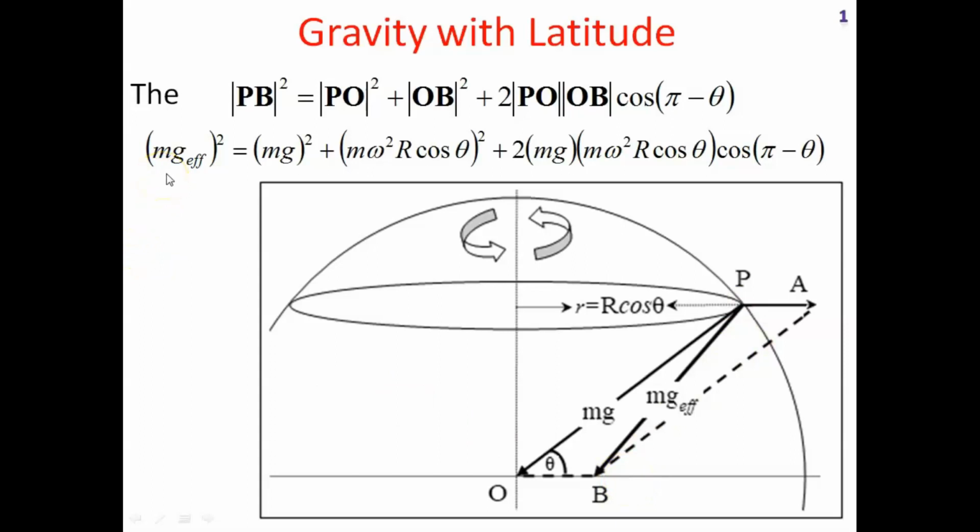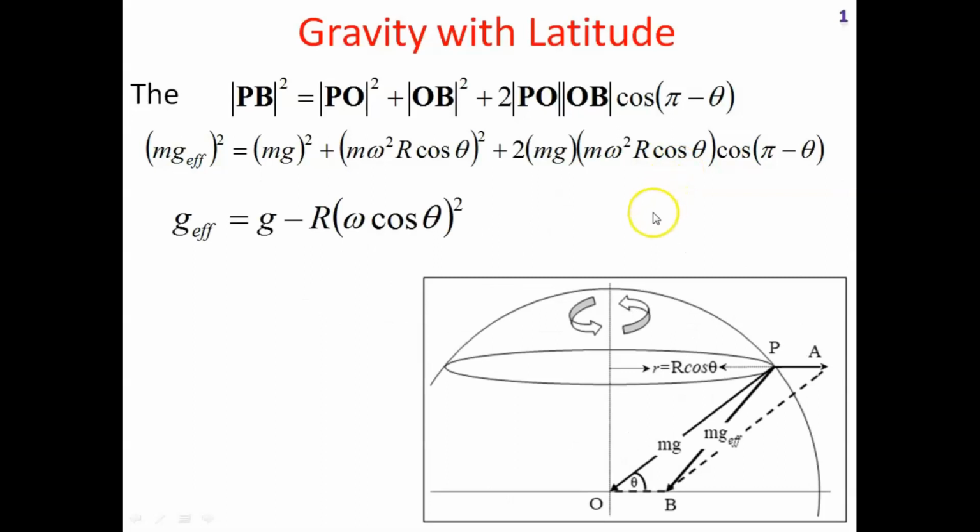m g effective whole square is equal to mg whole square plus m omega square r cos theta whole square plus twice mg into m omega square r cos theta into cos of pi minus theta. So we need to simplify this equation, and the simplification gives us g effective is equal to g minus r times omega square into cos square theta.